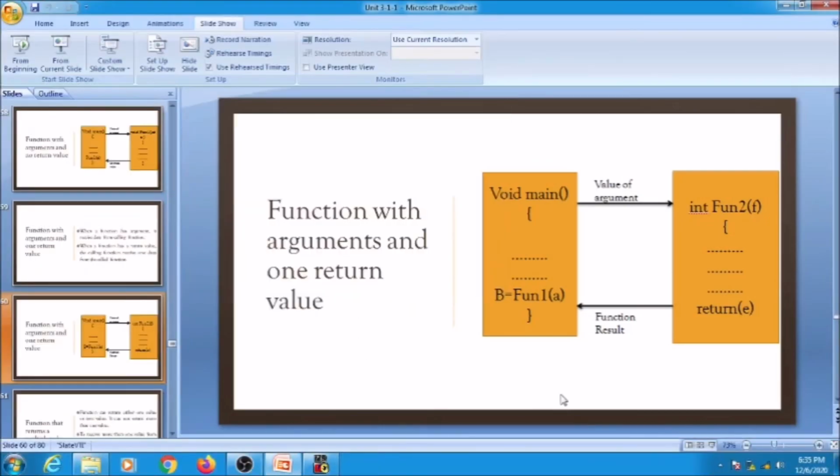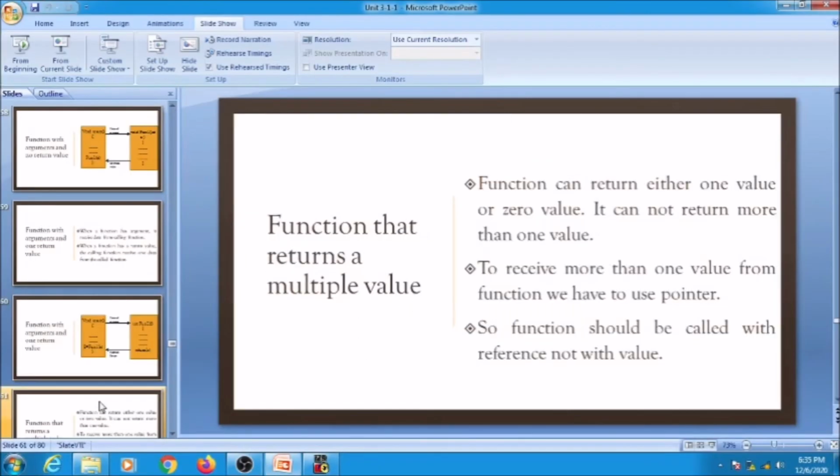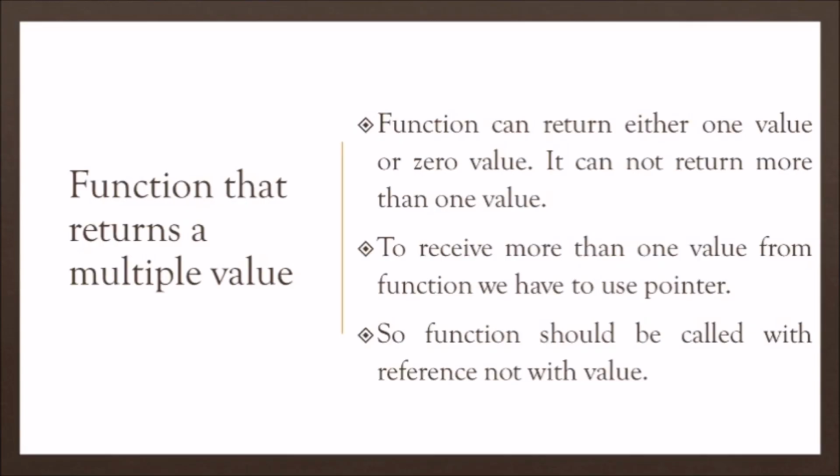which is nothing but the function that returns multiple values. So a function can return either one value or zero value. It cannot return more than one value. Now to receive more than one value from a function, we have to use pointers.